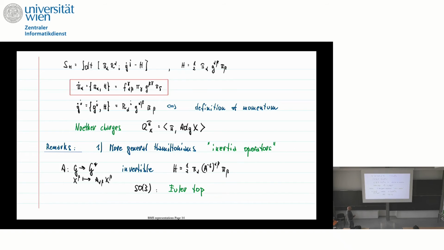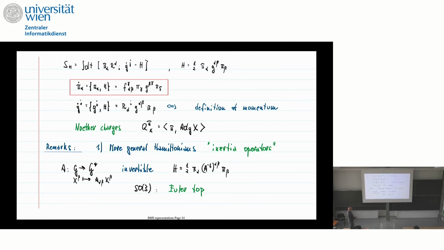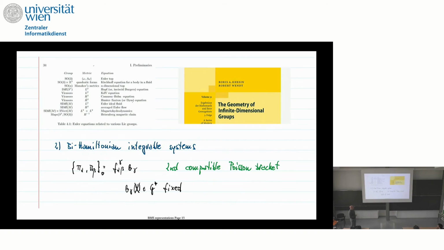And of course, the Noether charges in this case for the symmetry in the Hamiltonian setting are also very easy. Okay, I will not say more. Well, mainly because I learned it. So there are more general Hamiltonians, inertia operators. All this has been important in the discussions of the Euler top and of this kind of problems.